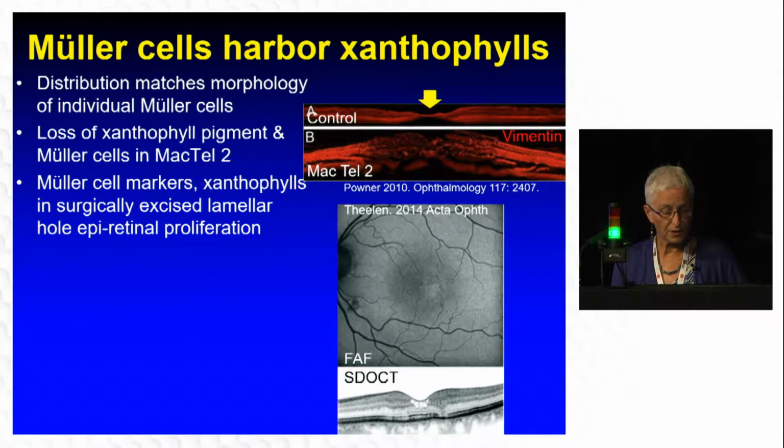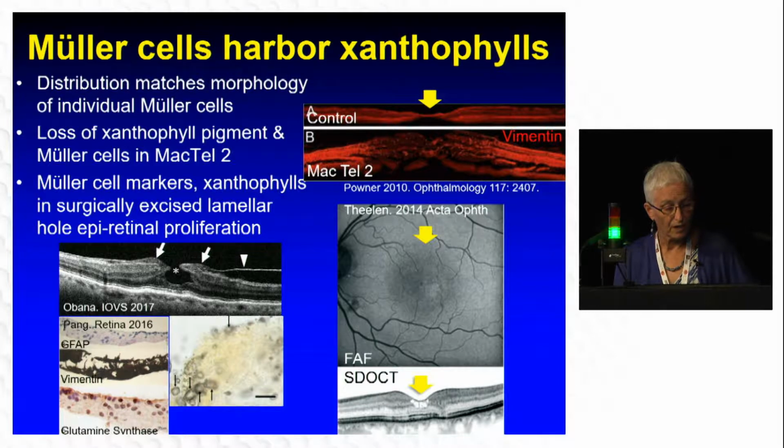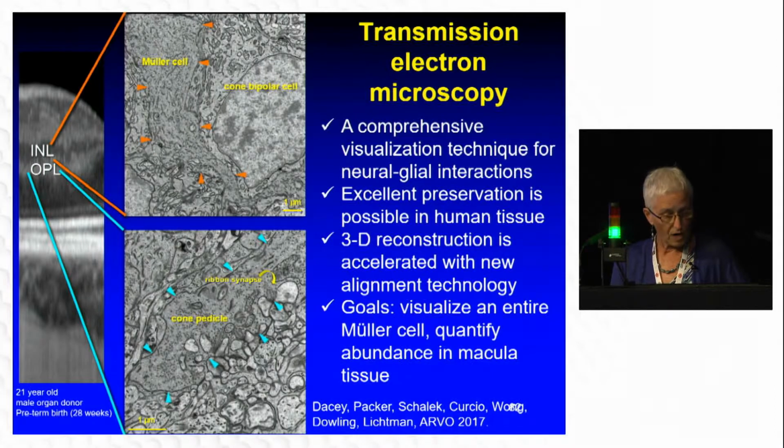By fundus autofluorescence, you can see the loss of screening by macular pigment in the same area as the cystic degeneration in the fovea. And in surgical cases, it's possible to excise epiretinal proliferation, and the excised tissue contains Mueller cell markers and yellow xanthophyll pigment. You can see that there. So there's good reason to believe that the Mueller glia are actually the major repository of the macular pigment.